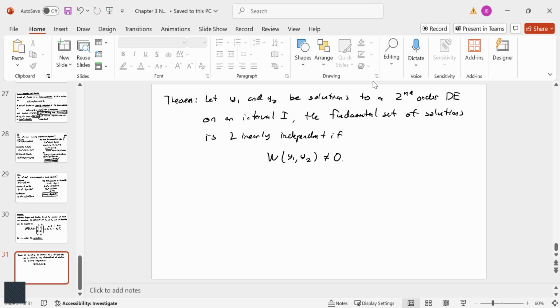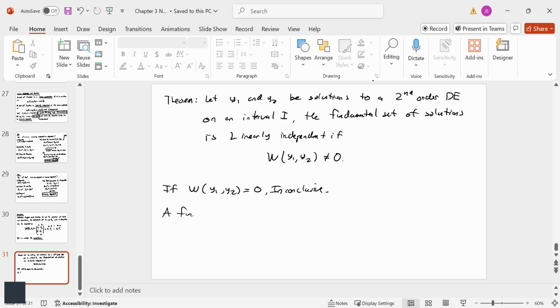Now, what happens when it does equal 0? It's just inconclusive. So if the Wronskian equals 0, inconclusive. It can still be independent, it's just the Wronskian doesn't tell you. Okay, just note that.